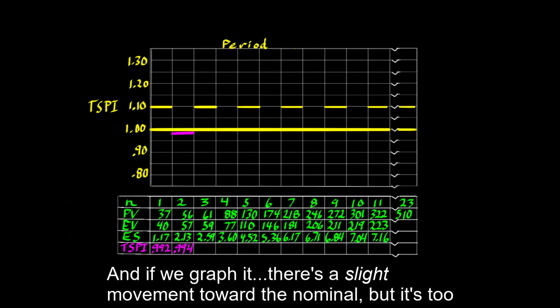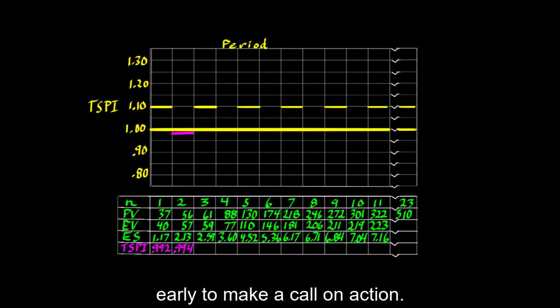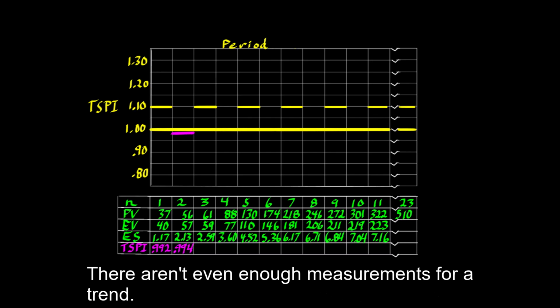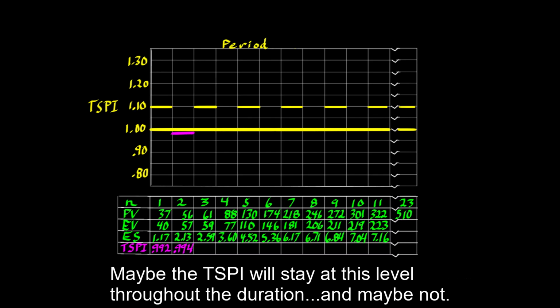And if we graph it, there's a slight movement toward the nominal, but it's too early to make a call on action. There aren't even enough measurements for a trend. Maybe the TSPI will stay at this level throughout the duration, and maybe not.